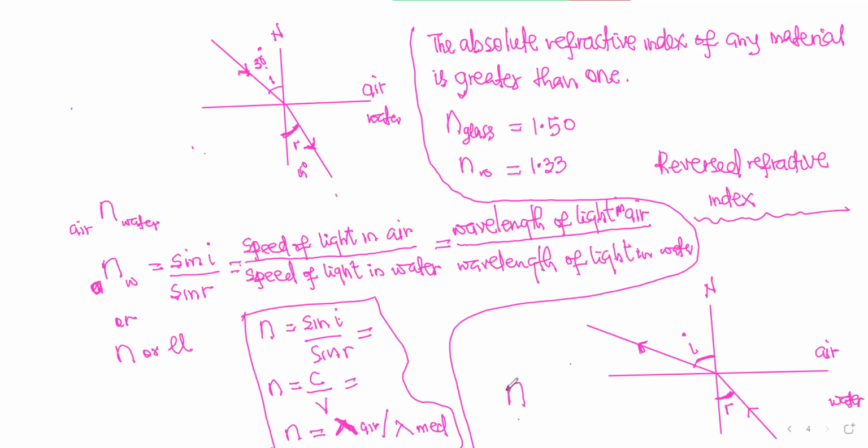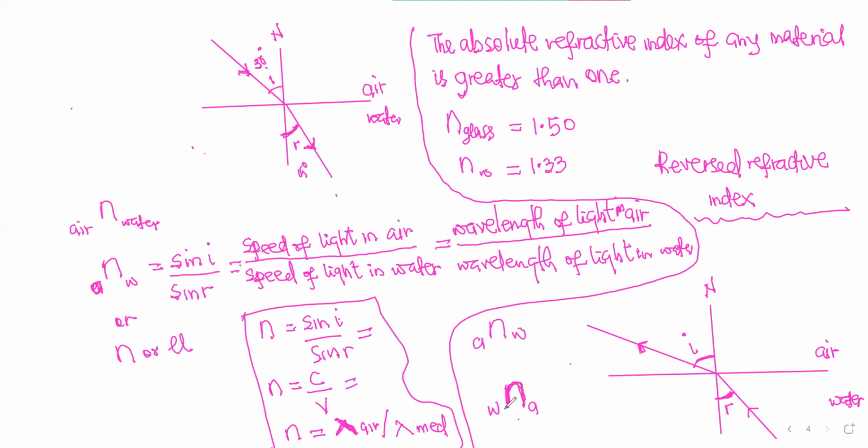The symbol is still N, but the path is from water to air. If it is absolute refractive index, the light must come from air to water.